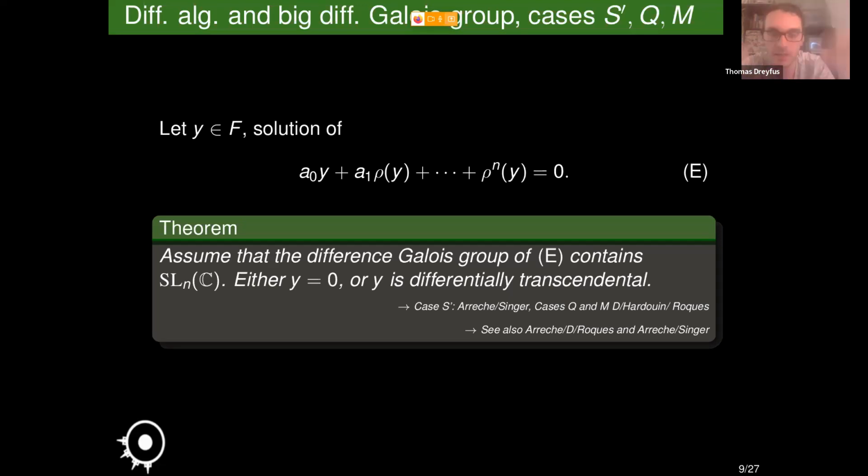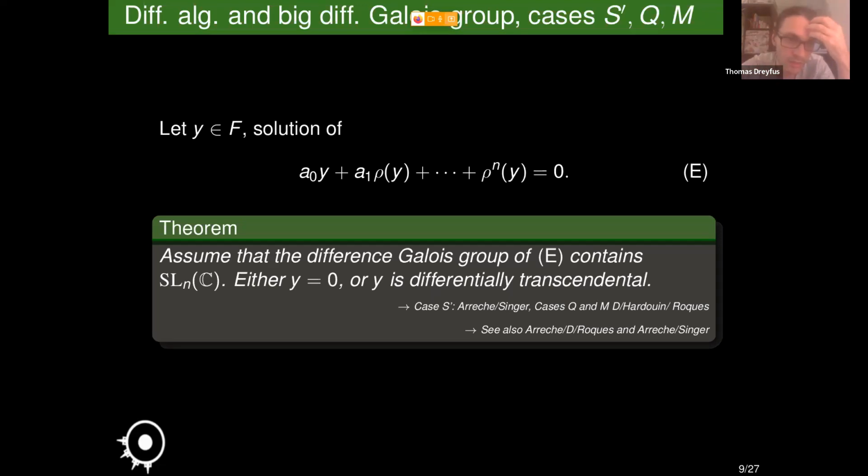What is inside this result is a classification of differentially algebraic groups with Zariski closures that are SL_n. Cassidy proves that either this group is maximal, so we are in this situation, or this group is constant with respect to the derivation.